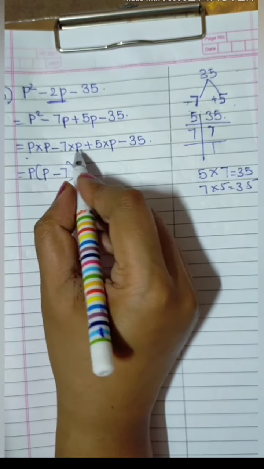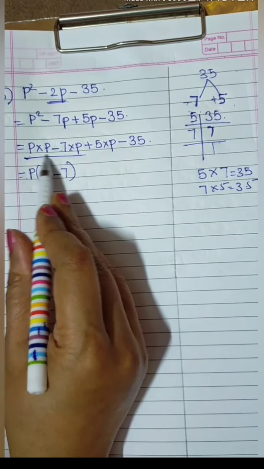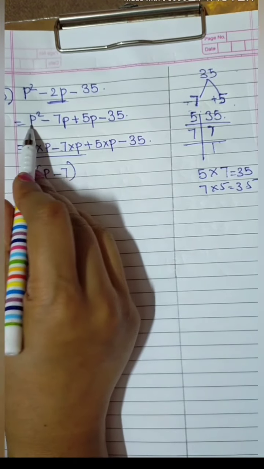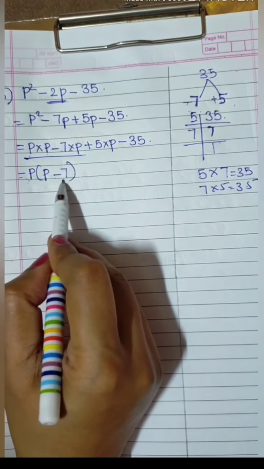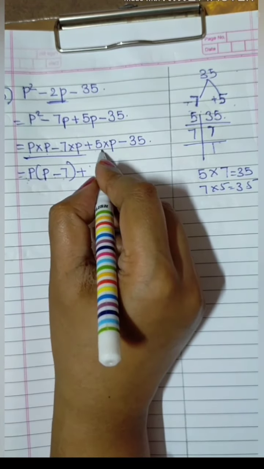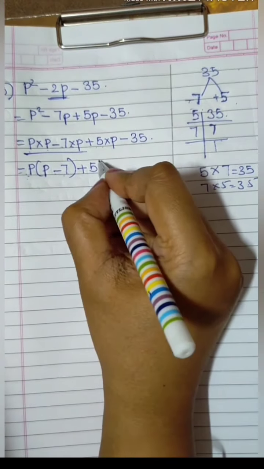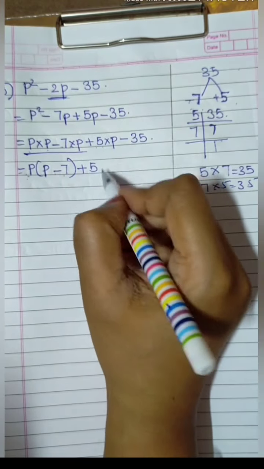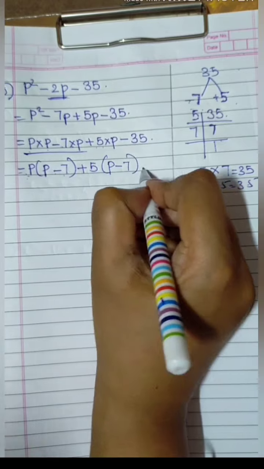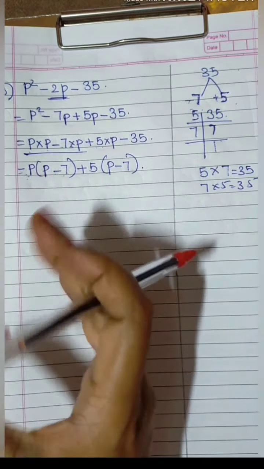Minus 7 into p, we have to find this. When we take p into p we get p square, minus p into 7 is 7p, again plus what is next, that is 5. Then 5, again the same bracket I am going to take here. You will understand now why I have taken it like this.